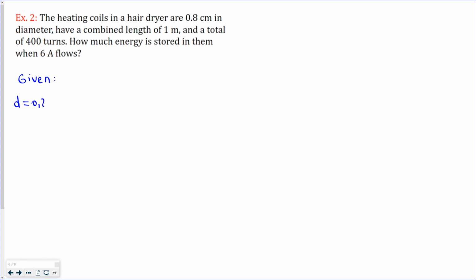Diameter is 0.8 centimeters, so it is 0.008 in meters, and we have a length of 1 meter and a total number of turns of 400. And how much energy is stored in the solenoid if 6 amperes of current is passing through it?